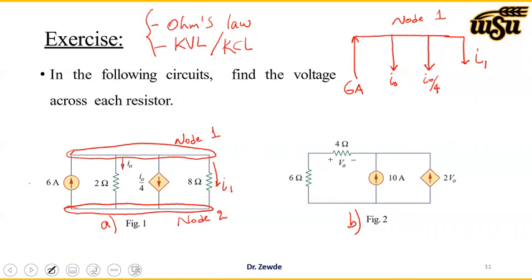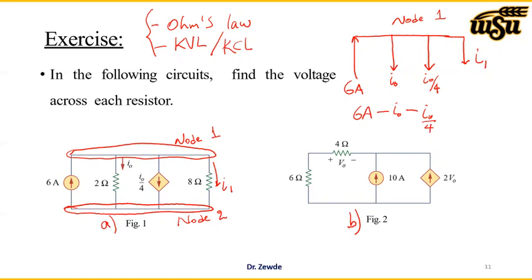So now KCL says that the sum of the current at any junction should be 0. Now 6 amp enters, so it should be positive. So 6 amp. I0 is leaving, so minus I0. And the second component is also leaving, again minus I0 over 4.